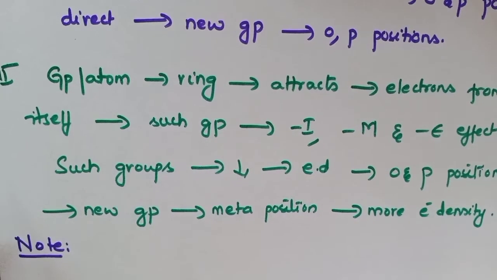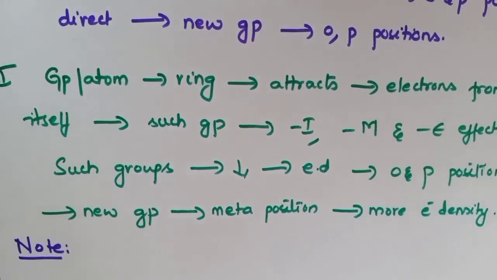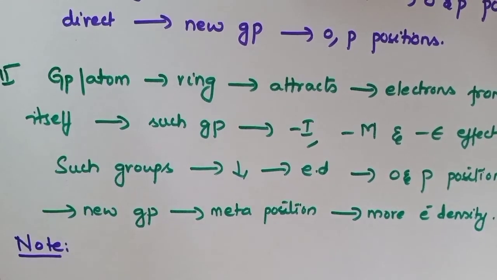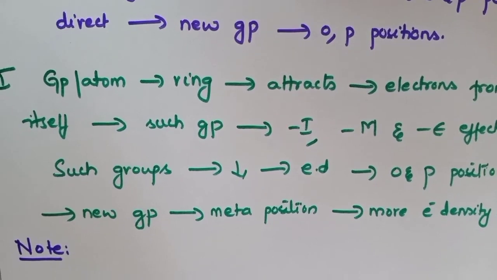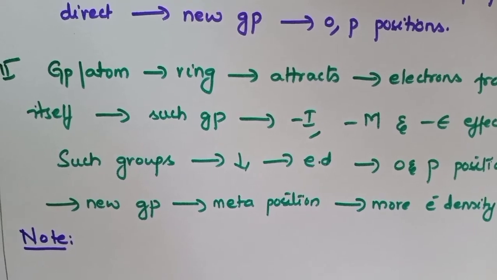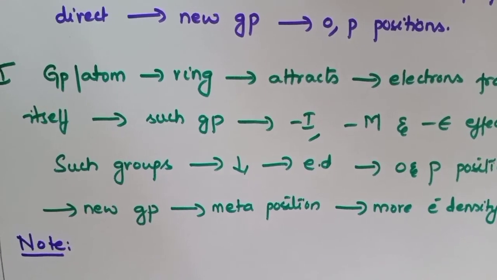Okay. Substitution at meta position is comparatively difficult as the group already present deactivates the ring. Okay. So one more important point, students, below you can write halogens, especially, in brackets, electron attracting, that is showing minus I effect.